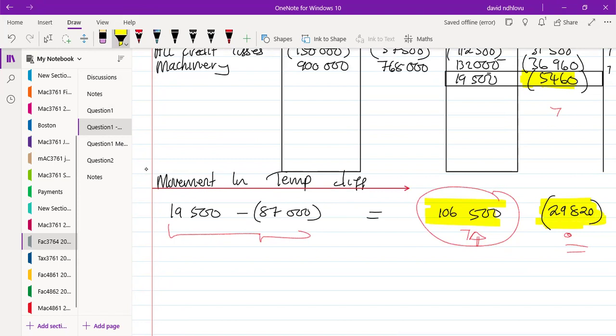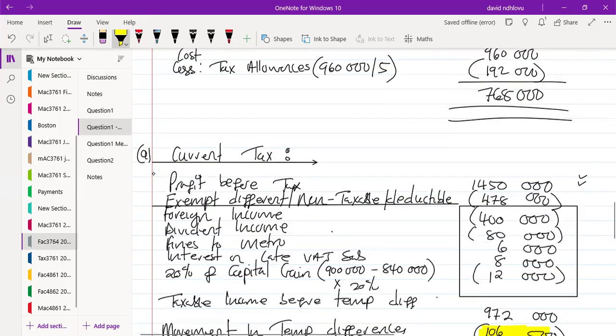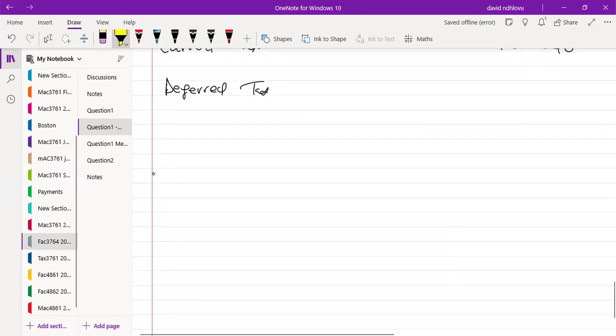Remember, the income tax is an expense. It can represent an increase or a decrease in profit, depending on what is happening. Let me put it this way. We are trying to calculate the income tax expense here.